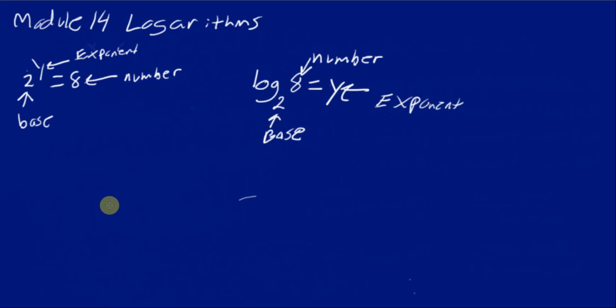So 2 to the what is equal to y? Well, 2 to the third is equal to 8. So if I take the log base 2 of 8, it is equal to 3, or the base 2 raised to the exponent 3 equals the number 8.